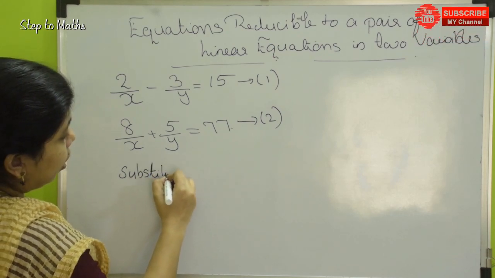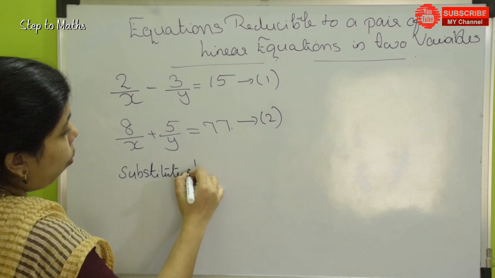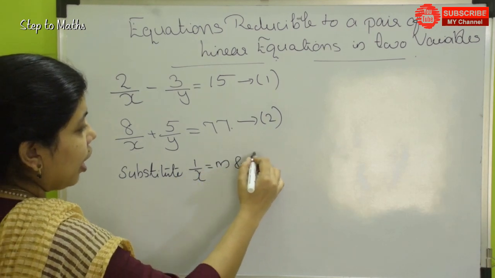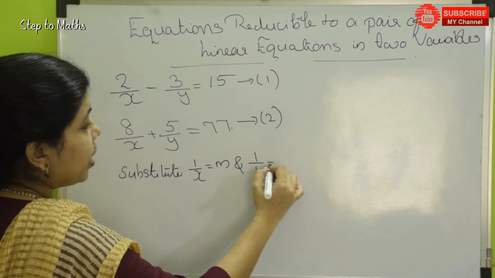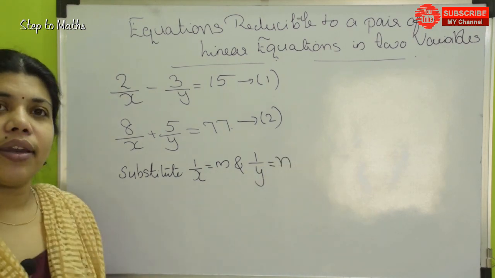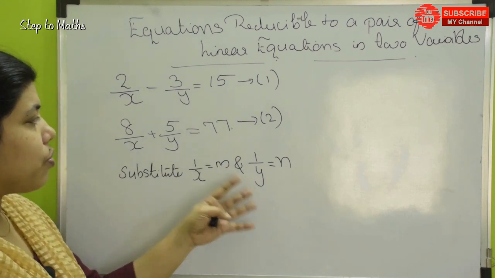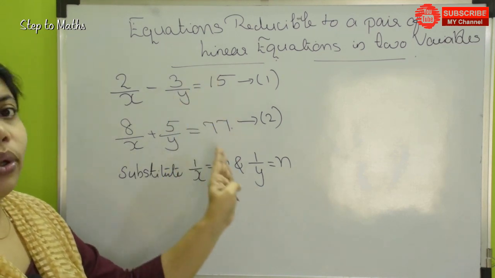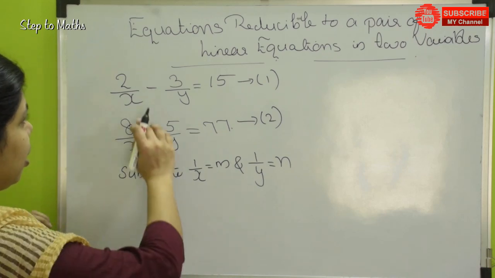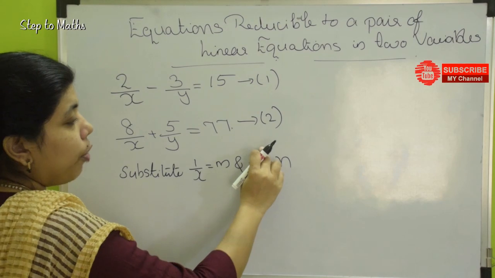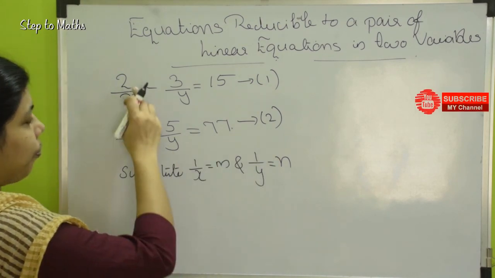Substitute 1 upon x is equal to m and 1 upon y is equal to n. We make this substitution and apply it on both the given equations.